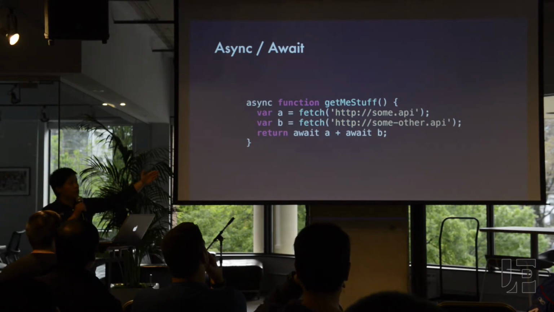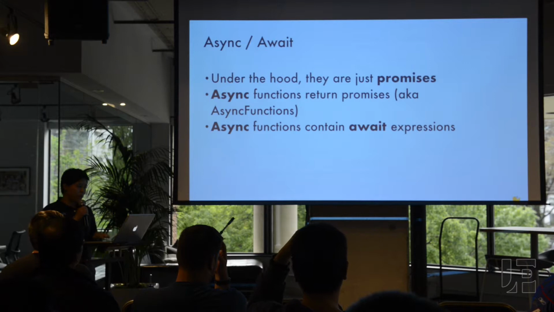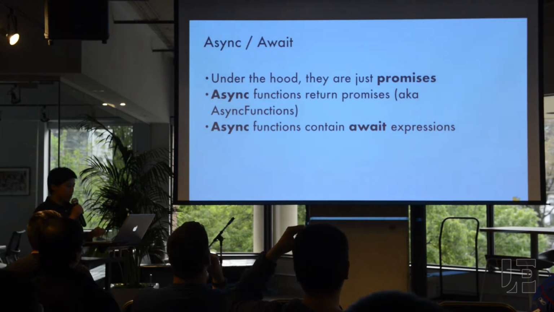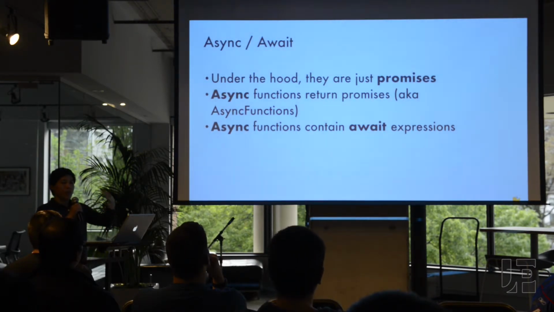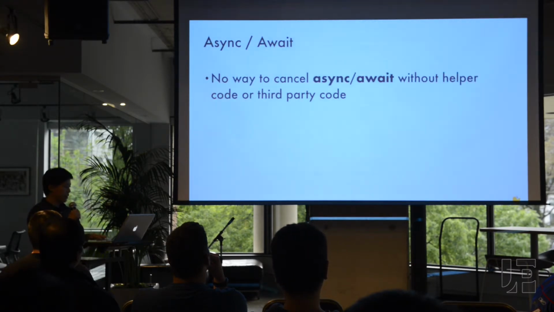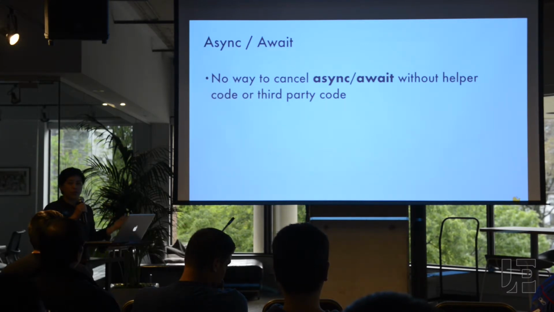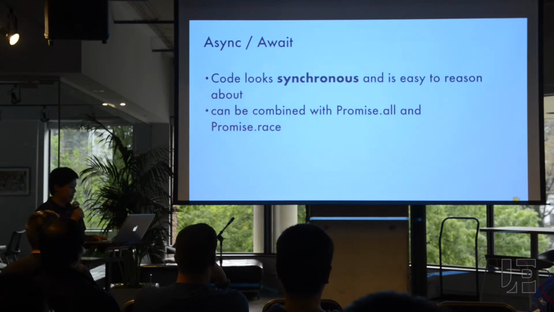When you use that expression called await, that line doesn't run until everything has been resolved. So again, under the hood, they're just promises. They contain await expressions. Awaits wait for everything on that line to be returned, then it runs the next line. Again, because async await is just promises under the hood, there's no way to do cancellation. If that's something you really need to do, you can do it with promises.